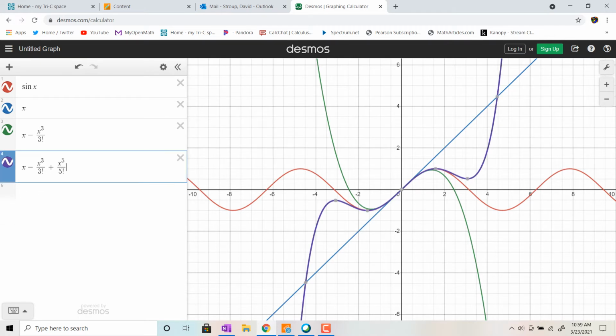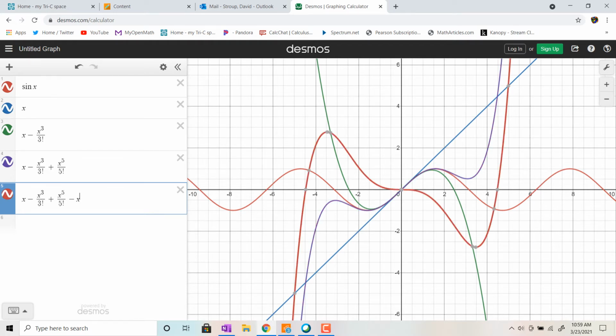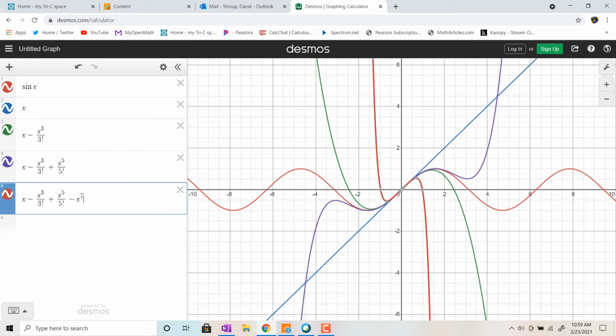Sorry, let's just see if I can copy and paste. It's not going to let me do that. Minus x to the 7th all over 7 factorial. So sort of getting the idea of what's going on here.